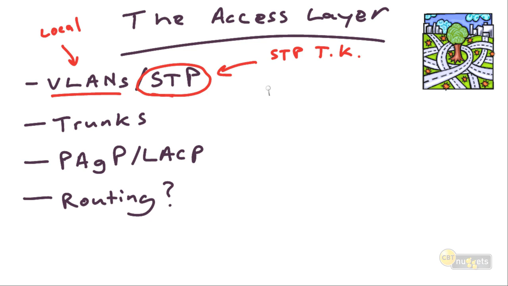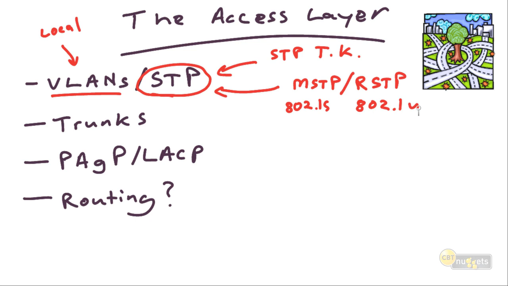But keep in mind, these days, we want to make sure we are running multiple spanning tree protocol, most likely, in conjunction with rapid spanning tree protocol. This is 802.1s, and this is 802.1w. So we want to make sure we are taking advantage of the latest, greatest spanning tree technologies and that spanning tree protocol toolkit that I'll elaborate on here shortly.